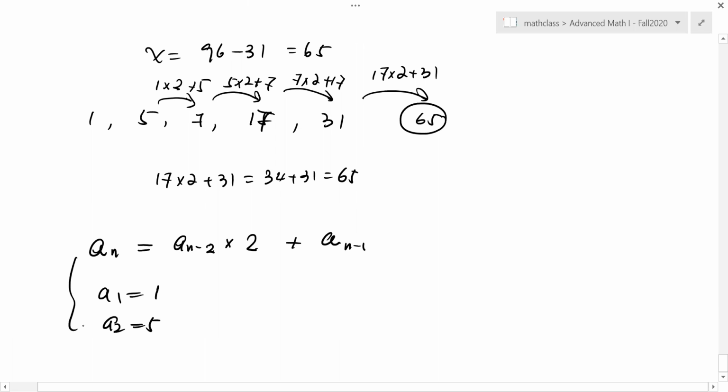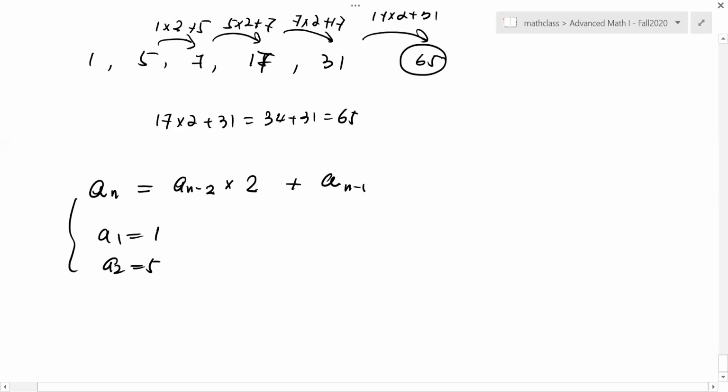Then with the formula, you can generate all the terms. You can get A3, A4, A5. A3, when n equals 3, is A1 times 2 plus A2, so 1 times 2 plus 5, it's 7.